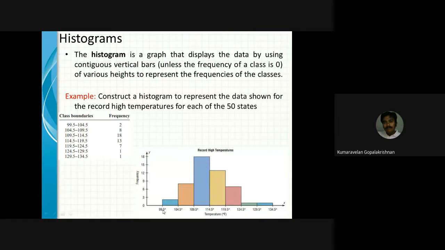See here, 99.5 to 104.5. What is the frequency? 2. So 2. See, 104.5 to 109.5, 8. So I have put the vertical bars. So I think the interpretation becomes very easy. When only class boundaries and frequencies are given, the interpretation is a little bit tough. But once shown by means of this kind of diagram, interpretation becomes very easy.